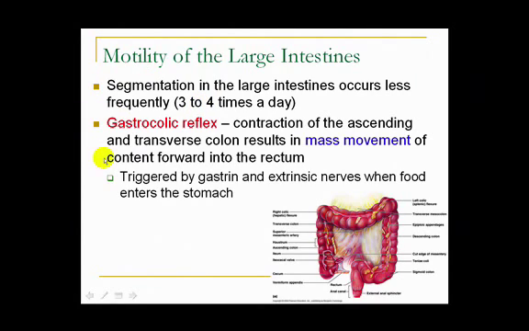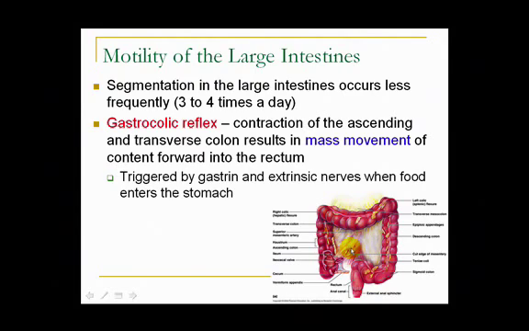And there's a reflex called the gastrocolic reflex. So what does gastro refer to? Stomach. Colic refers to large intestine. So it's a reflex between the stomach and the colon. And what happens is, again, when a new meal enters the stomach, you release gastrin from the stomach and also some of your extrinsic nerves, which would be your parasympathetic nervous system. It will trigger this reflex that will cause the muscle of the large intestines to contract.